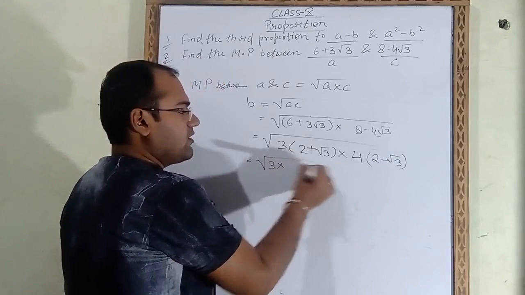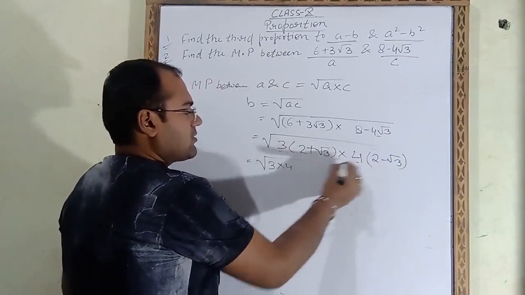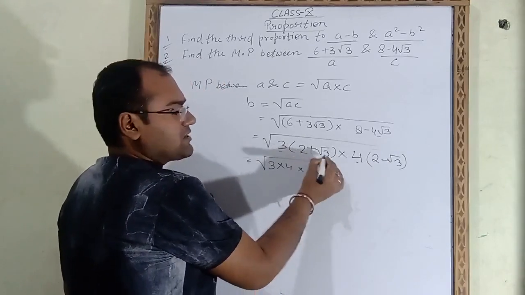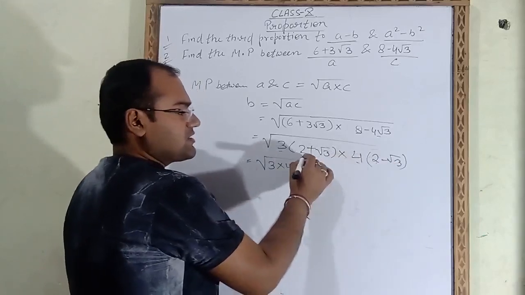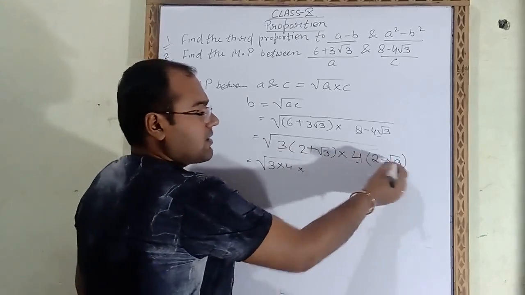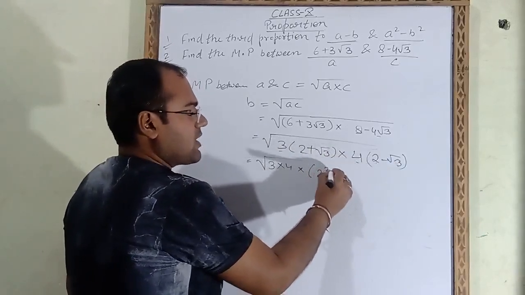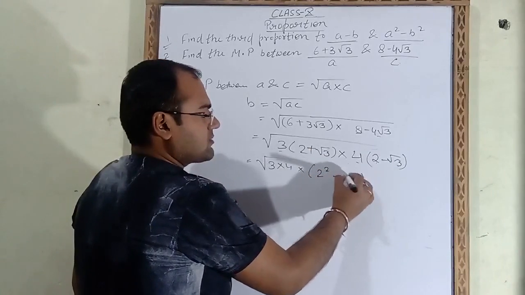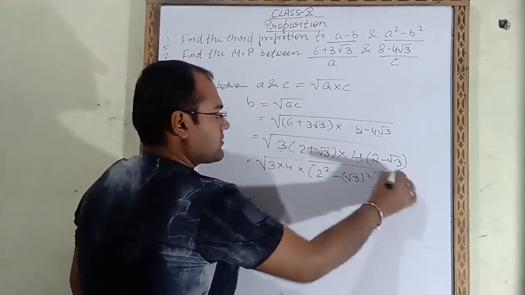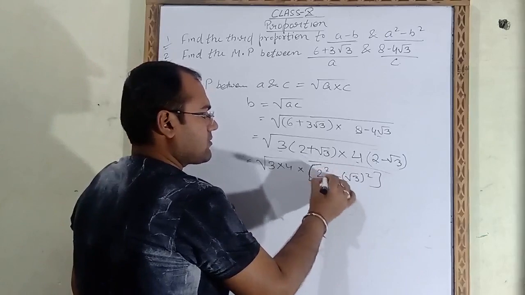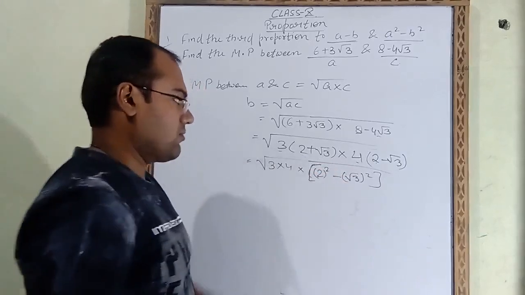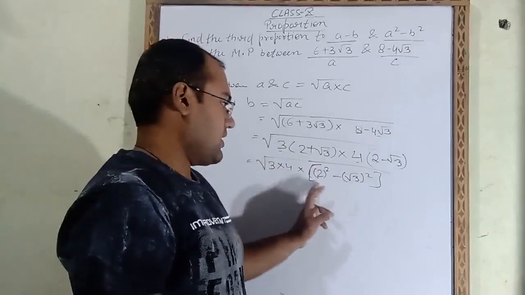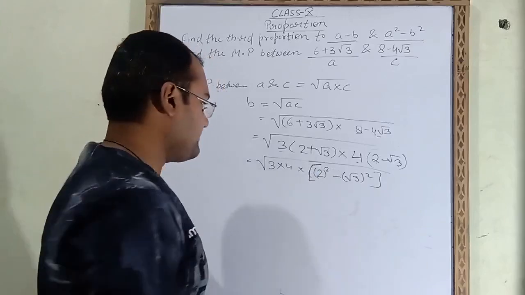This 3 into this 4 into 2 plus root 3, 2 minus root 3. This is the formula a plus b, a minus b. So a square minus b square. Here we will use the formula a plus b, a minus b, a square minus b square.